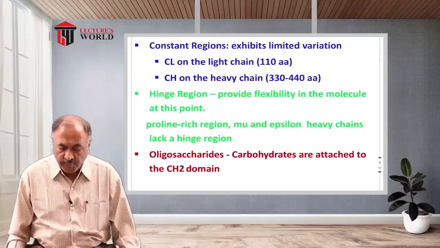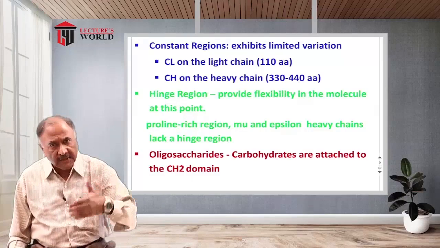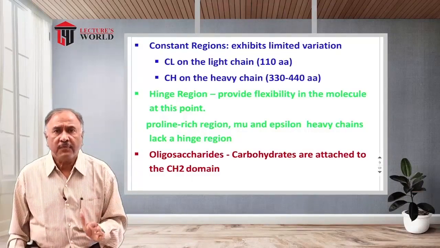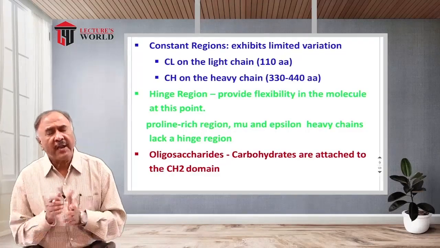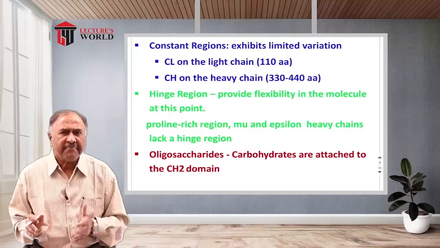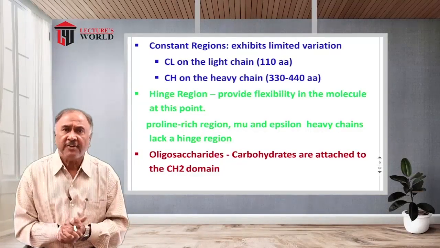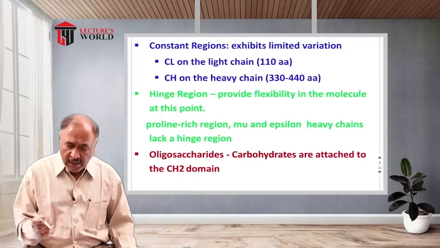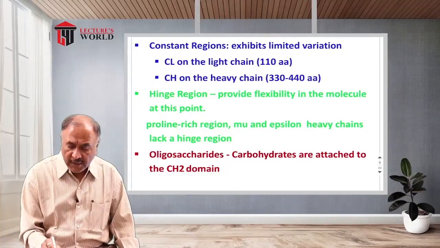Constant regions, as I have told you, have no diversity. The sequence of amino acids is more or less the same. I am using the words more or less. That does not mean that it is exactly the same in all. There is a little bit of variation in the sequence of amino acids. And again, in case of light chain, what is the size?